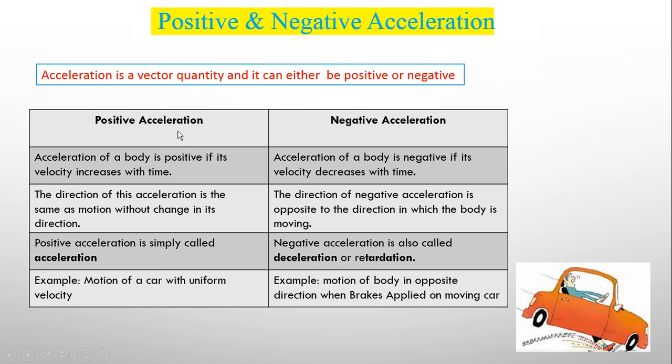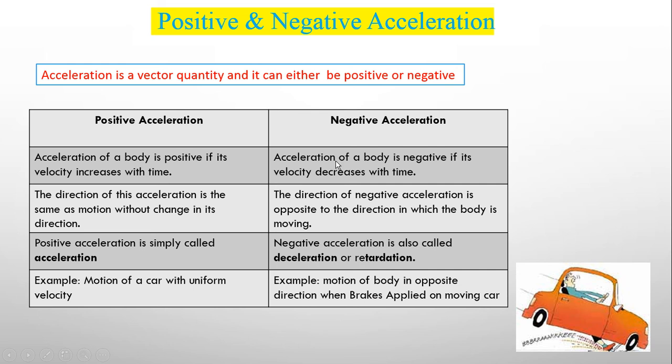For positive acceleration of a body, its velocity increases with time, meaning if you notice any moving object with increasing velocity, this object will have positive acceleration. For negative acceleration, its velocity decreases with time, meaning you notice that velocity is decreasing with time, so you will get negative acceleration.